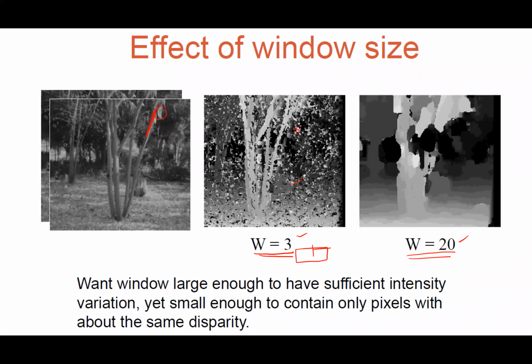But the disadvantage is you are ending up with too many spurious results, very wrong matches, because when you consider a very small area, too many matches would be there.